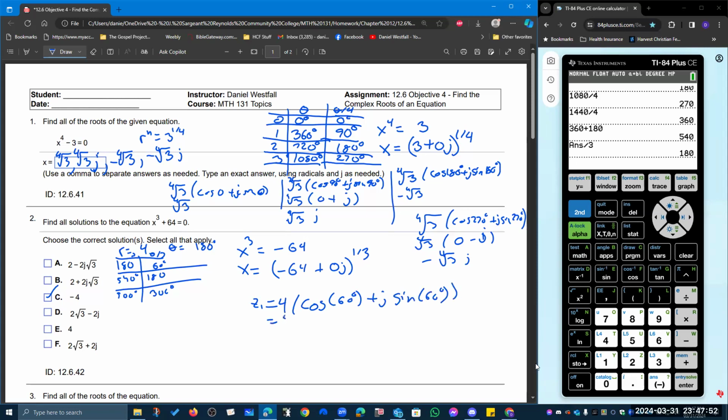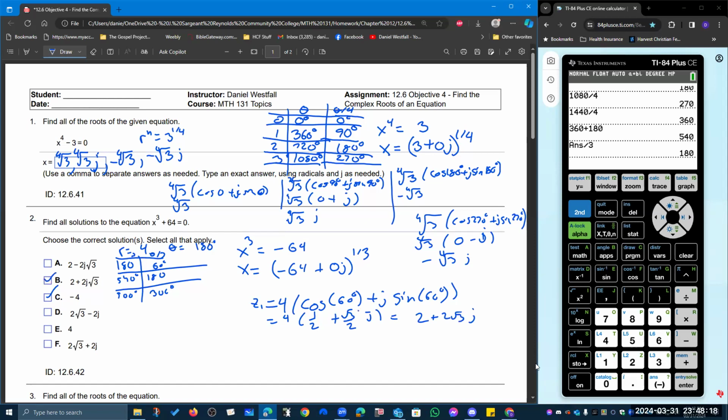That is 4 times cosine of 60, which is 1/2, plus root 3 over 2 j, so that is 2 plus 2 root 3 j.